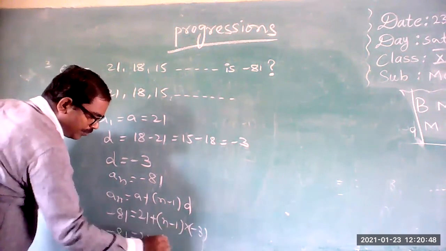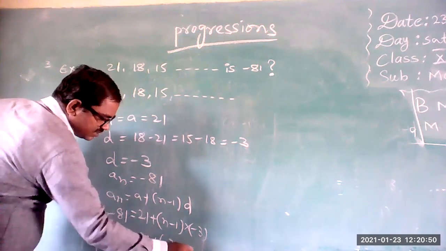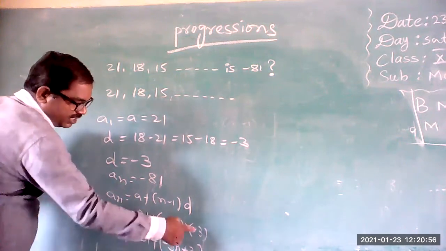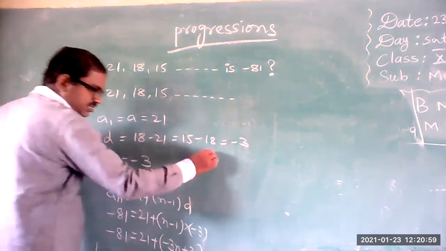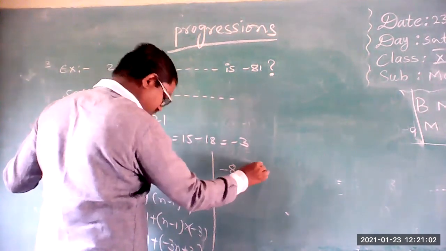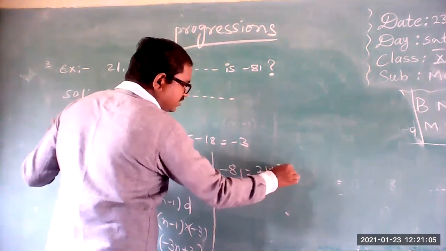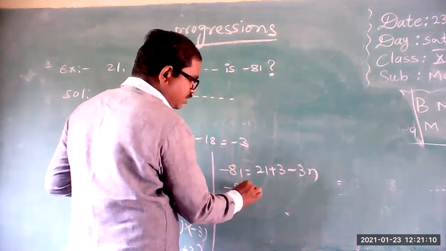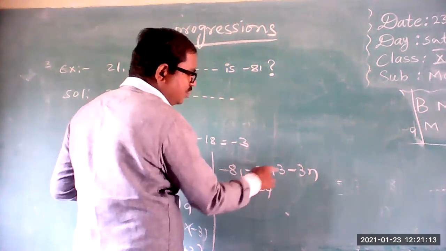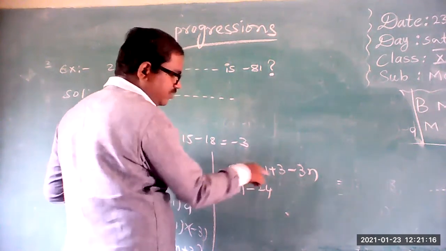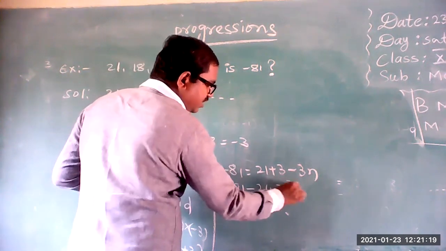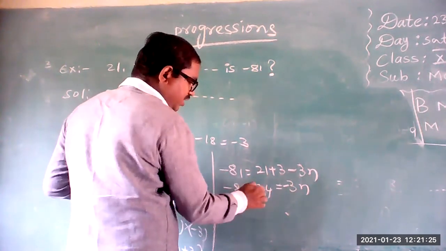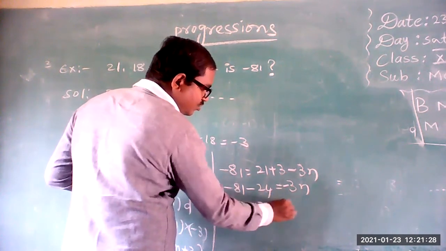So minus 81 is equal to 21 plus minus 3 into n minus 3 into minus 1, that is minus 3n plus 3. So minus 81 is equal to 21 plus 3 minus 3n, which is 24 minus 3n. Moving 24 from the RHS to the LHS, minus 81 minus 24 is minus 105, equal to minus 3n.